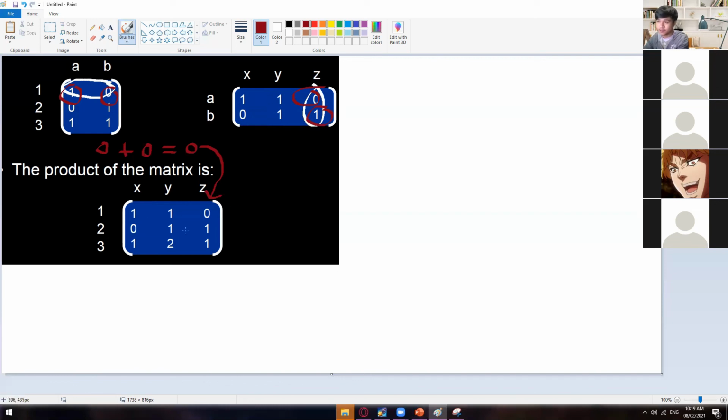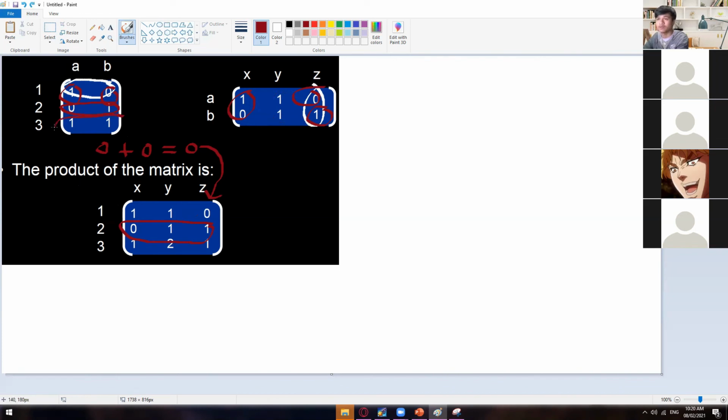So if you want to solve for the second column of the product, use this one instead. Multiply this to the first column, and then you will get this one. Multiply this second row to the second column, then you will get this one. And then this one to the third column, then you will get this one. The same with the third row.